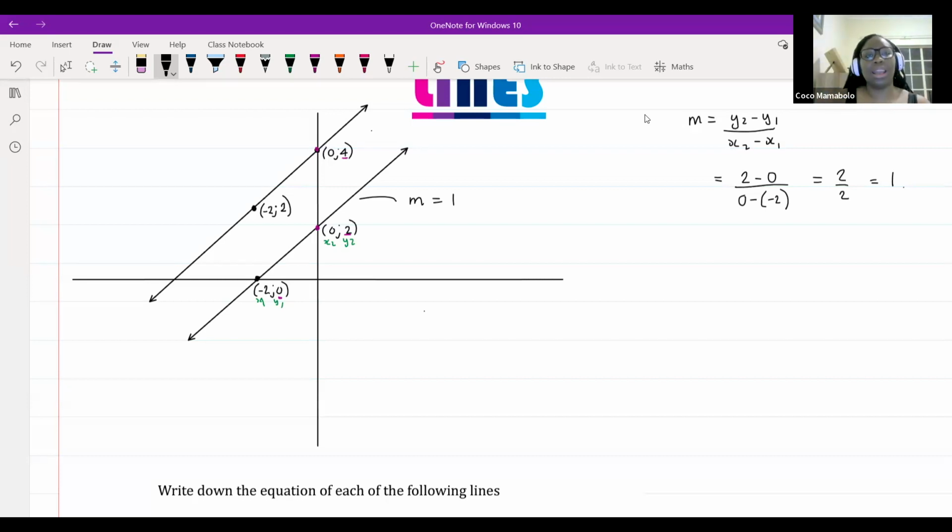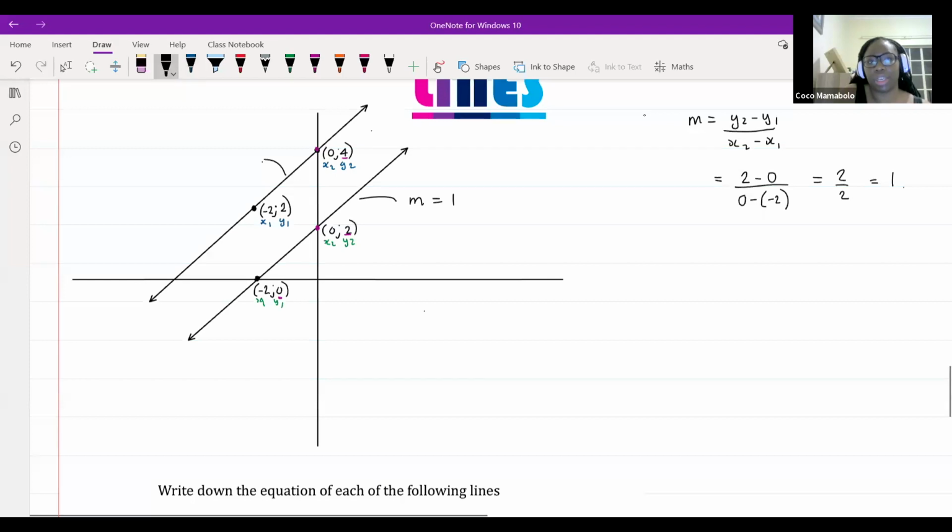All right, lovely. Now, what I want us to do is calculate the gradient of this line quickly. I'm going to make that x2 and y2, and I'm going to make this x1 and y1.